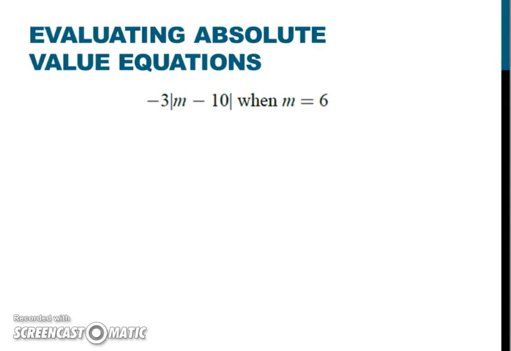The other part of this lesson is working with absolute value. If you remember, absolute value is always returning the positive form of a number. And so we have -3 times the absolute value of m minus 10. We want to evaluate this expression by substituting in 6 for m. So using order of operations, when you plug it in, 6 minus 10 we want to evaluate first.